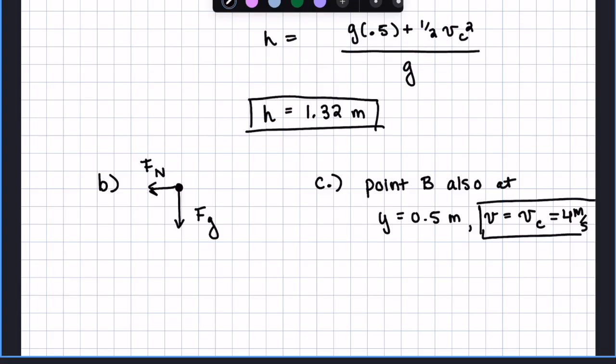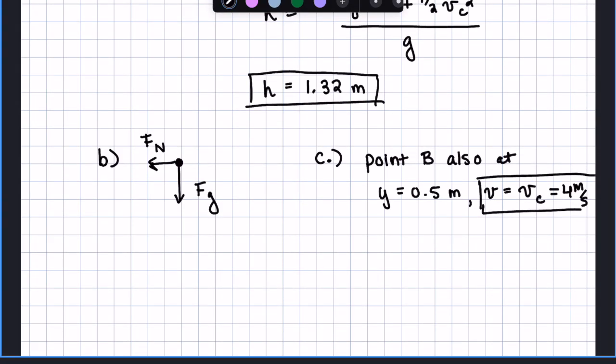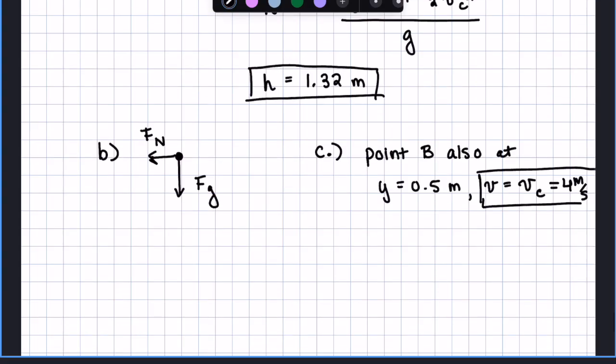But regardless, you don't have to actually do any math to get this answer. You could still set up the conservation of energy between A and B. I think that would be something a lot of people would think to do, especially after just doing part A of this problem. But there are some hidden speed things in there.